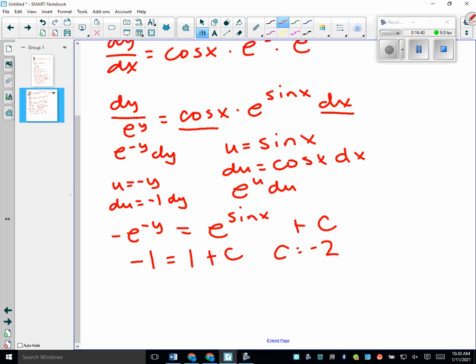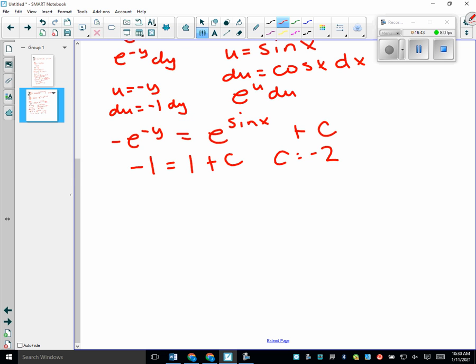So now, what do I have? Negative e to the negative y equals e to the sine x minus 2. Right?